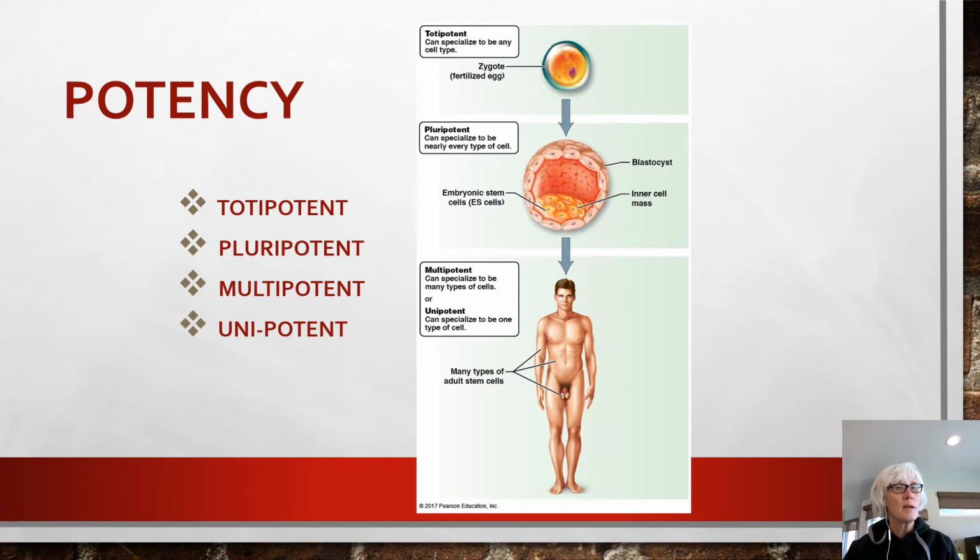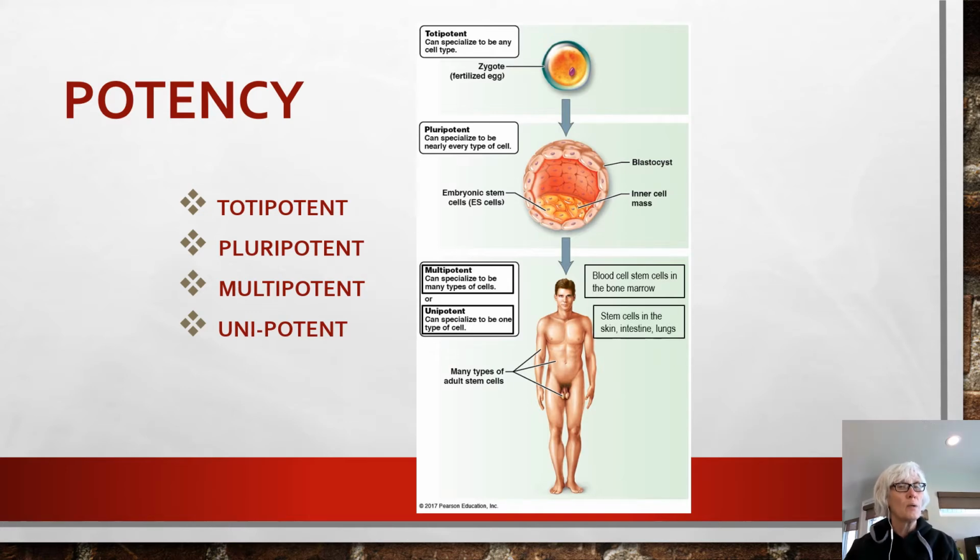In adults, we have two different types of stem cells, those that are described as multipotent, for example, the stem cells that are located in our bone marrow that give rise to all of our different blood types, or they can be unipotent.